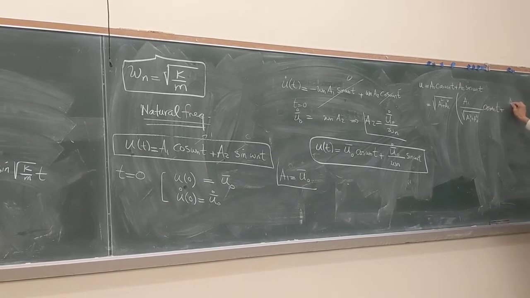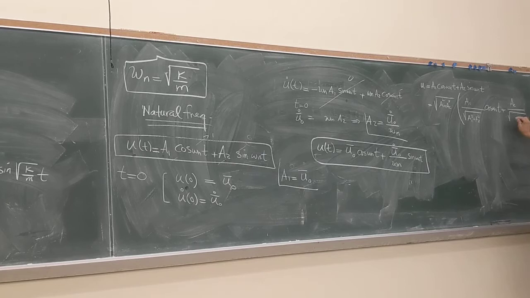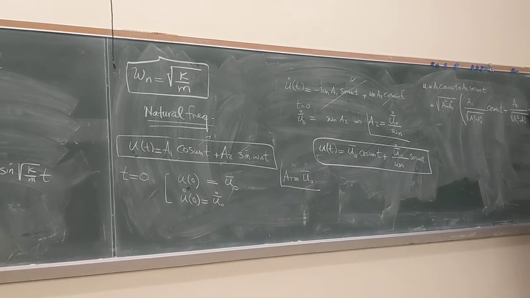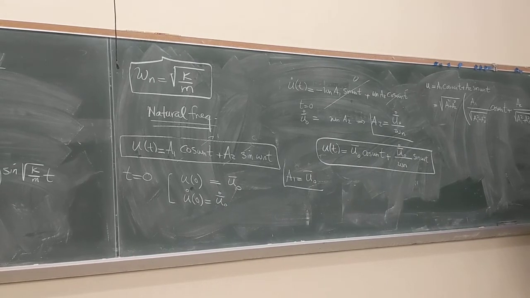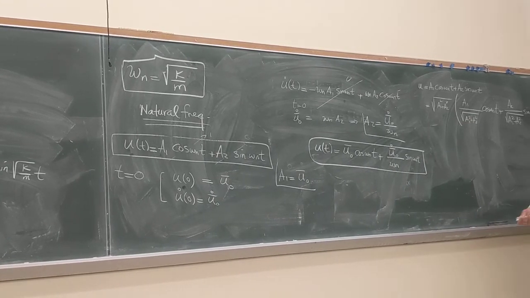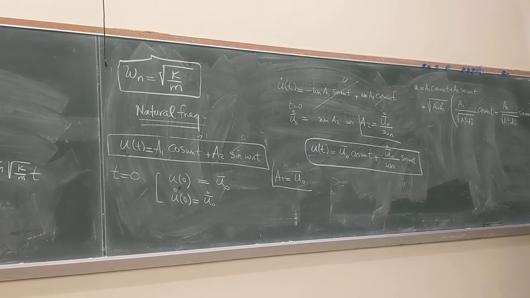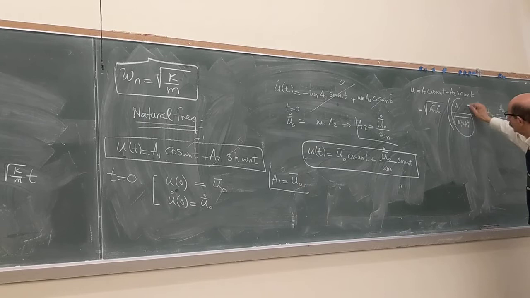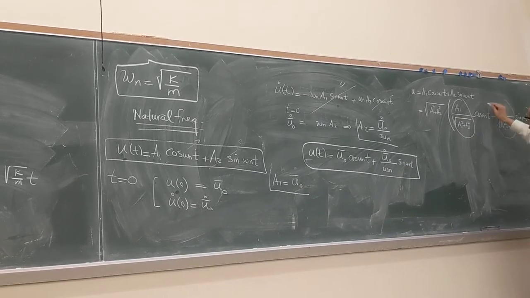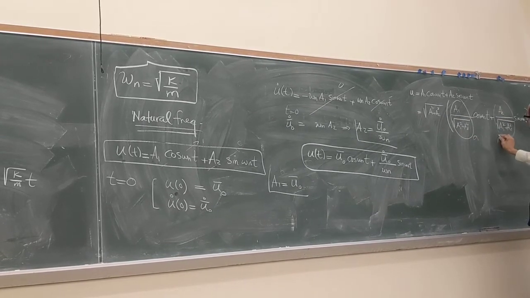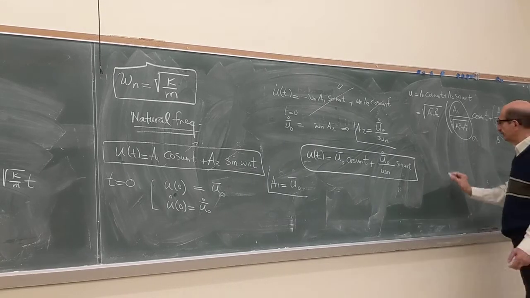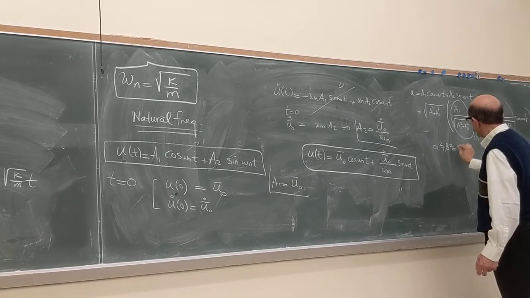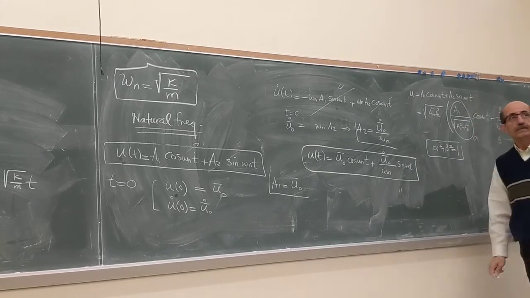So you would say, am I crazy doing that? Why do I do that? Because I haven't done anything. This equation hasn't changed because I've just multiplied it by unity, right? But the beauty of it is that if you look at these two factors, if I call this alpha and this beta, alpha squared plus beta squared is 1, right?